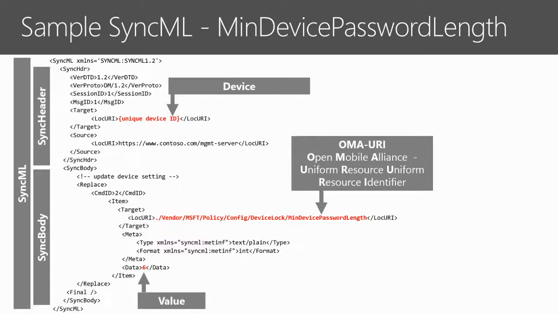Then you have the OMA-URI, which is the actual setting of the CSP that we are going to set. In this case, it is the minimum password length. And then at the bottom, you see the value, which is a 6. So that was what we previously saw in the slide, the minimum password length in the GUI. This is how it would look in the background.